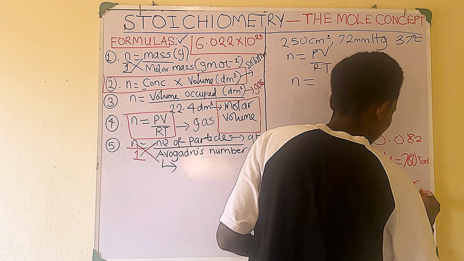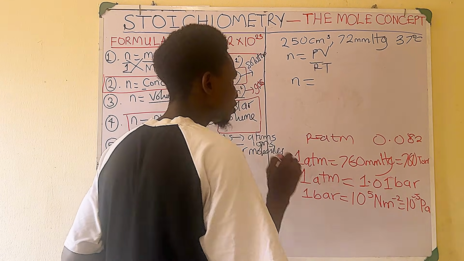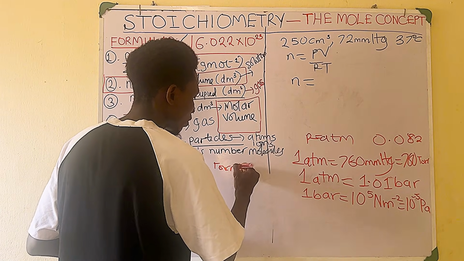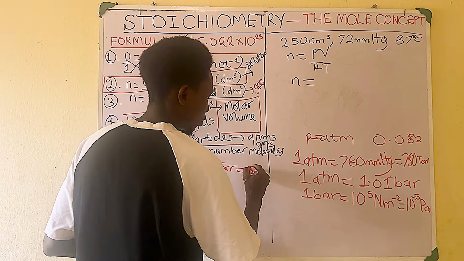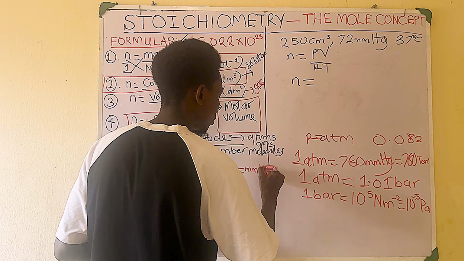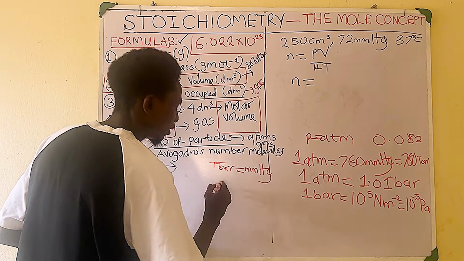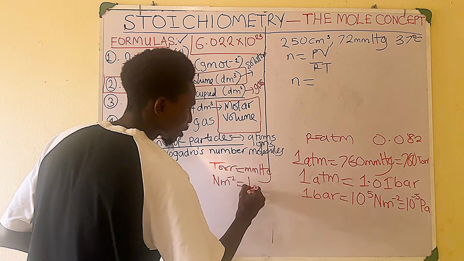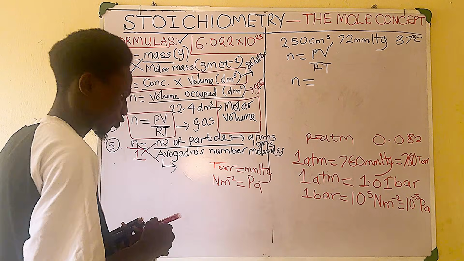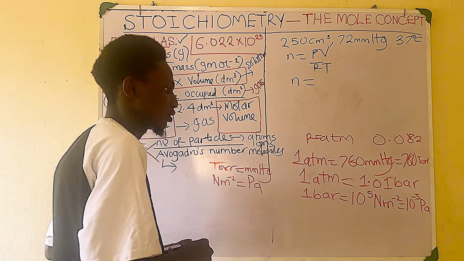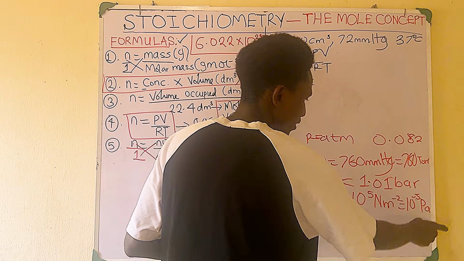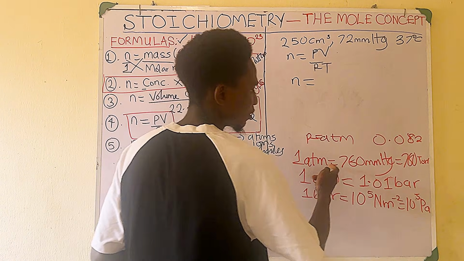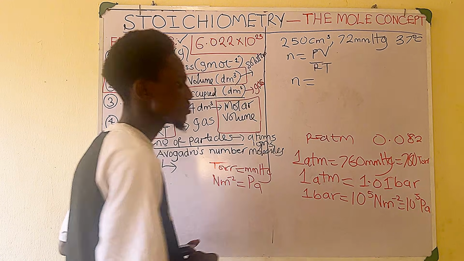So that tells you 2 things from what I've written: torr equals millimeters of mercury, then Newton per square meter equals Pascal. So you can see they are related, because you are seeing 10 to the power 5, 10 to the power 5, not minus, then 760, 760. So they are related.